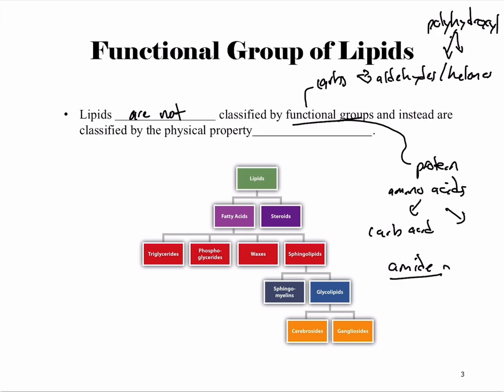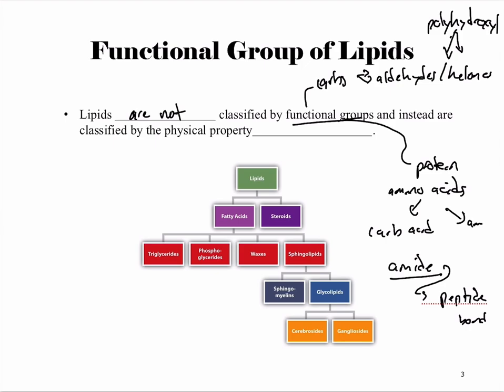Because the amides formed the functional group that formed what special bond in proteins? The peptide bond, right? This was the peptide bond. And so there is the carboxylic acid, and then we have our C terminus and our N terminus, which was the amine, right?